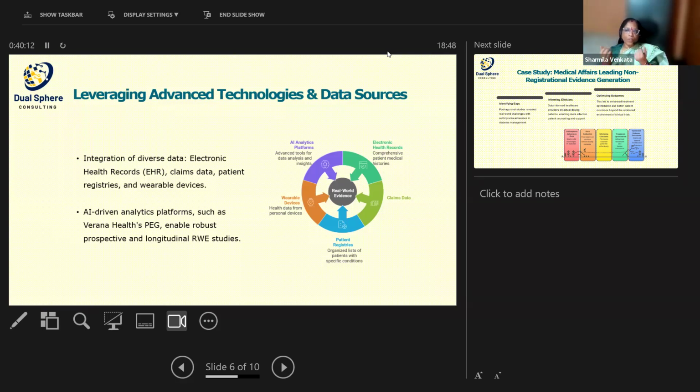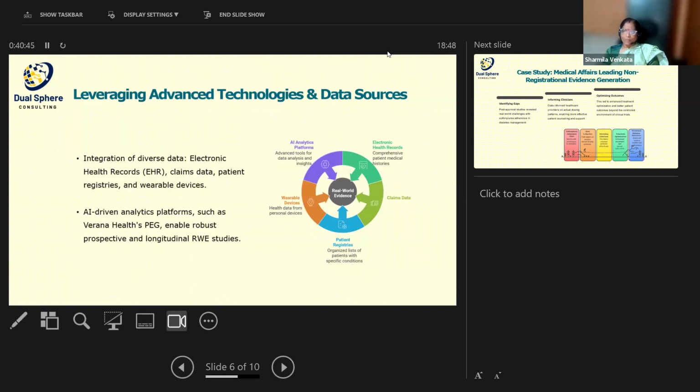In another example, insurance claims data can uncover trends in healthcare use, like a spike in emergency room visits for asthma patients after starting a new inhaler. That might point to issues with the inhaler, such as drug tolerance and accessibility, insights that can directly inform clinical education and product improvements. That is claims data revealing usage patterns.